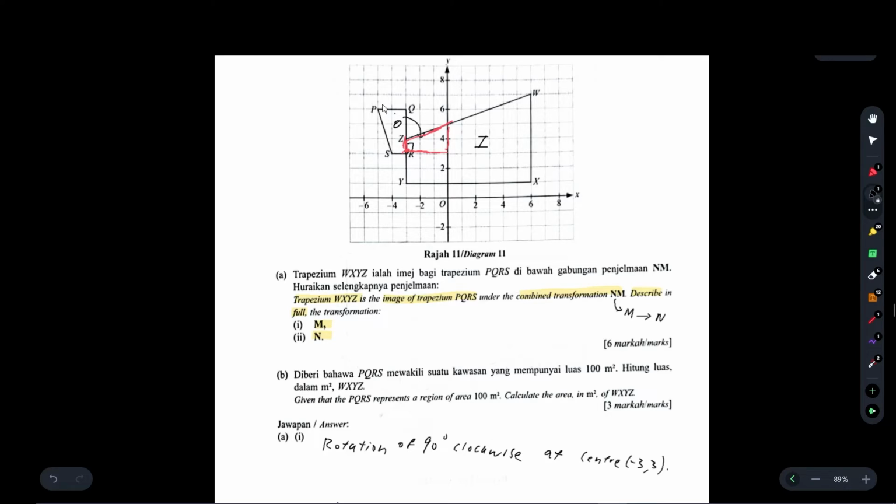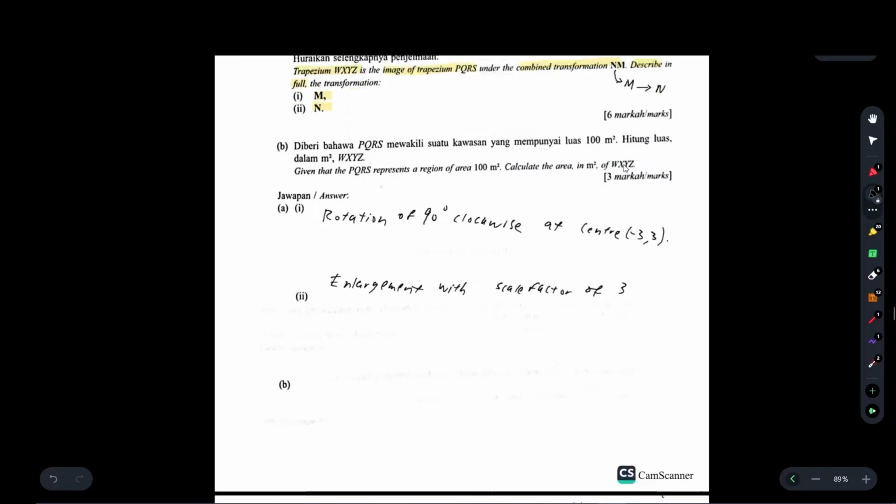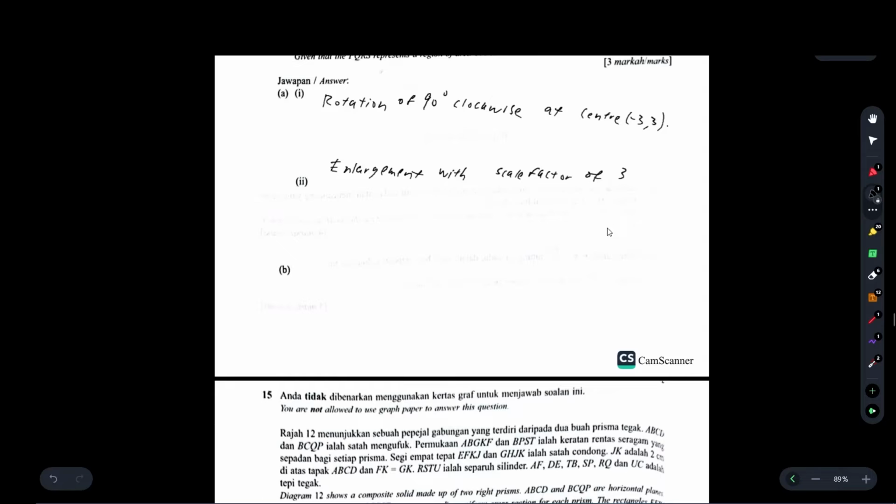The length of PQ is 2 units, and for WS it is 1, 2, 3, 4, 5, 6 units. The scale factor is the image divided by the object, so that gives us 3.